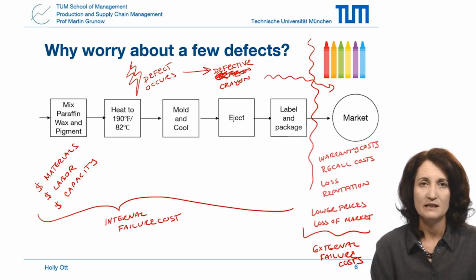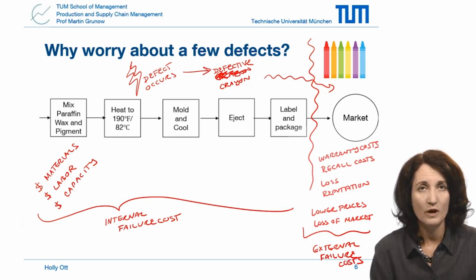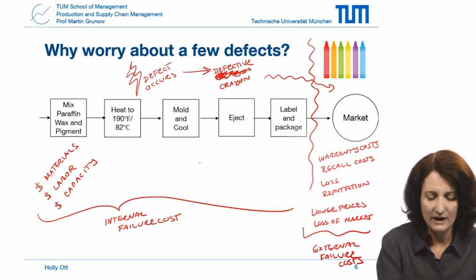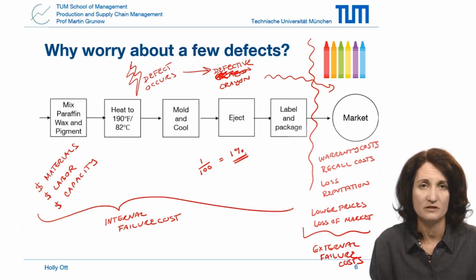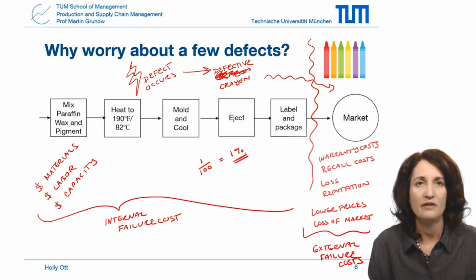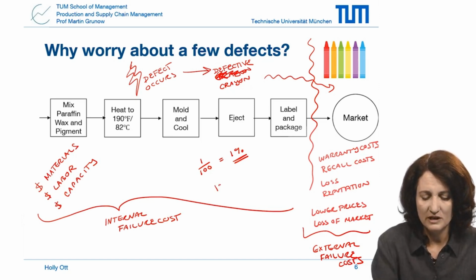It's the idea that if you allow one batch of 100, you're looking at 1% of poor material. If you allow that, you are creating a culture that 1% defective is okay.